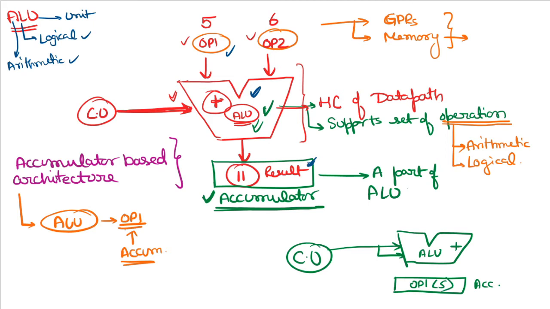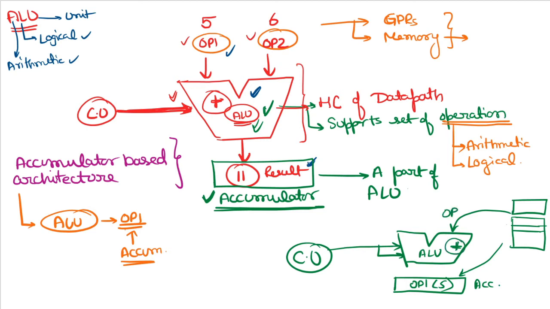Operand 1 was 5 in our previous example, so the control unit will first save 5 in the accumulator, then activate the ALU. It will take operand 2 from any general purpose register or from a memory cell, and simultaneously tell the ALU what operation to perform.